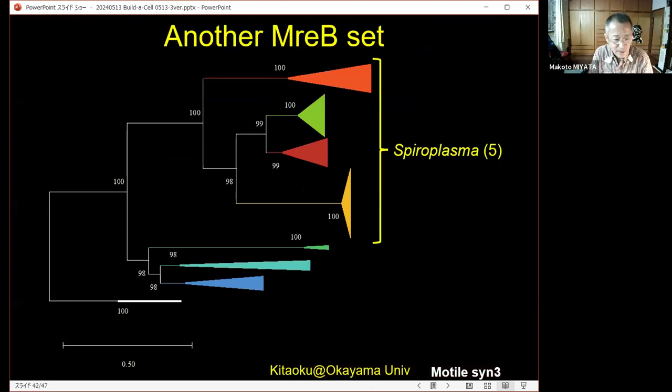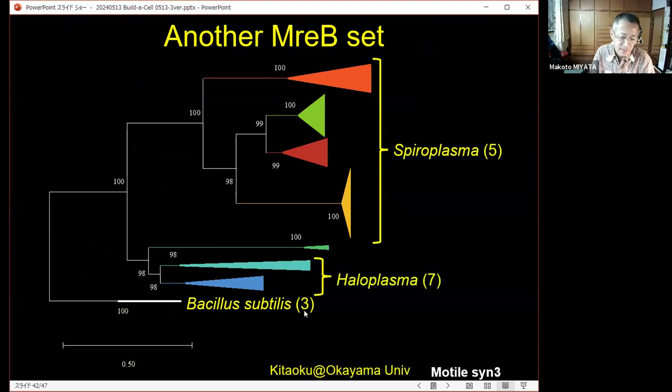So then we looked for the other MreB proteins in the Mycoplasma groups, and found, at the boundary of the very ancestral Mycoplasma species, new groups. Here are the Bacillus MreB proteins, and here are the Spiroplasma MreB proteins.